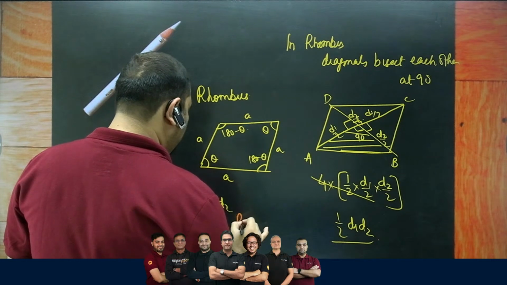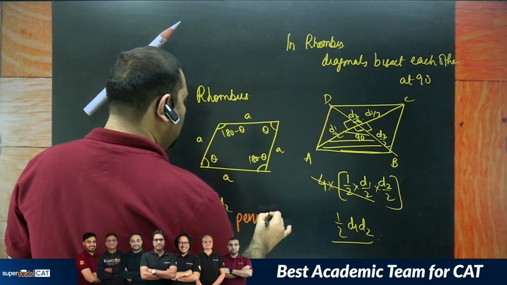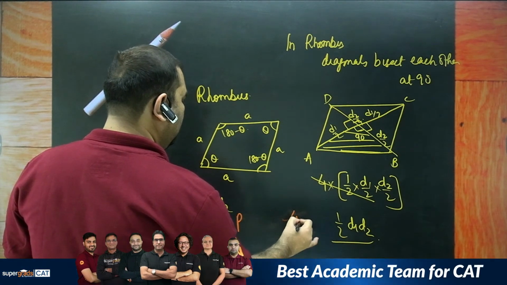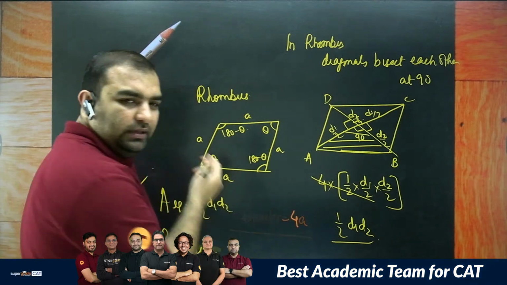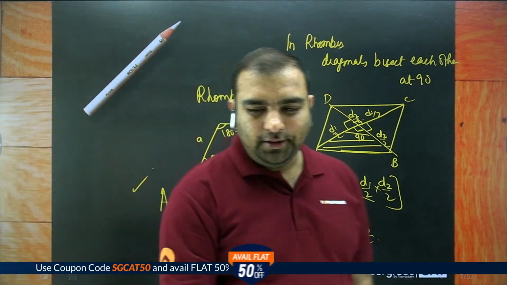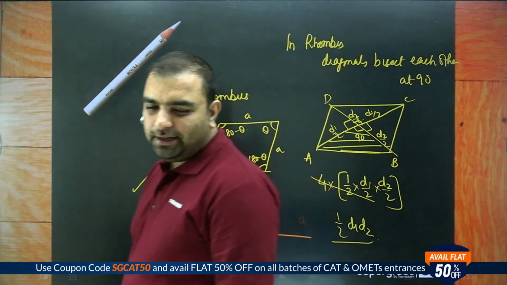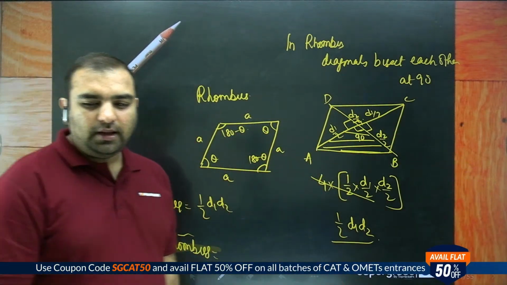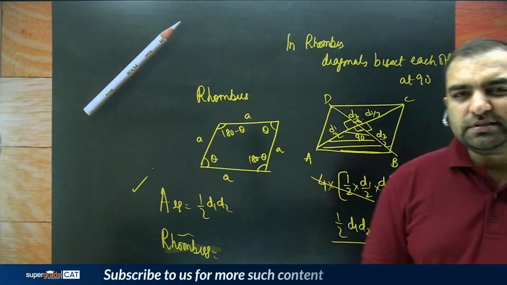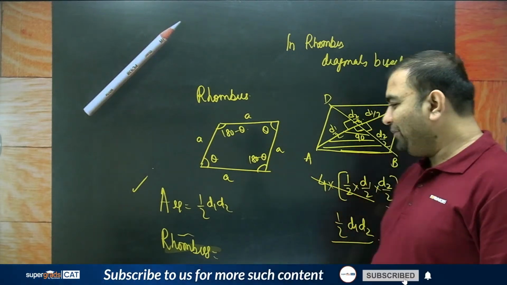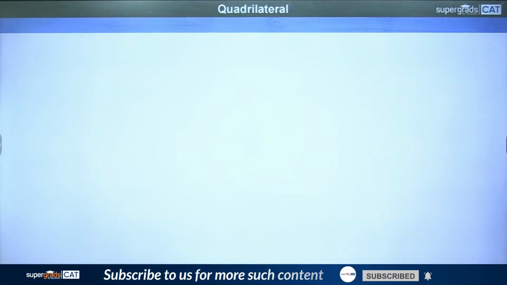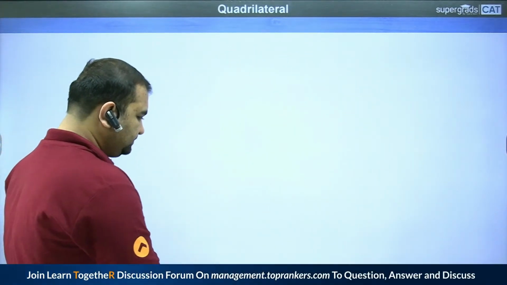So what is the perimeter? Perimeter is 4a. There are a few other things which I can also write down, but I'm just holding them for some later part, because they are going to come individually as well.